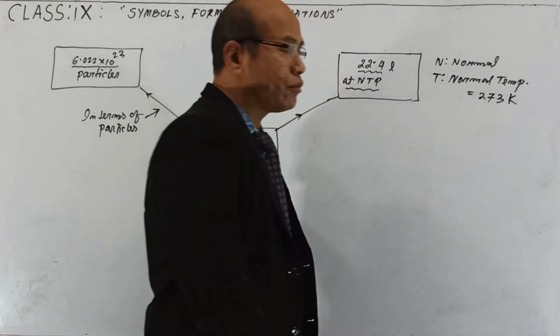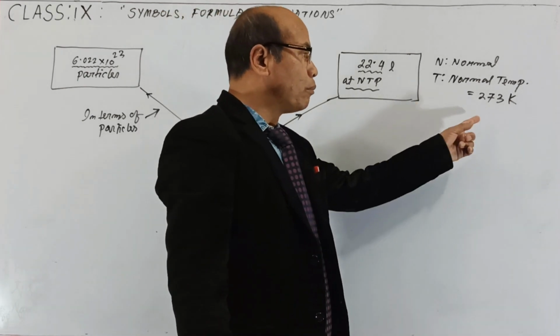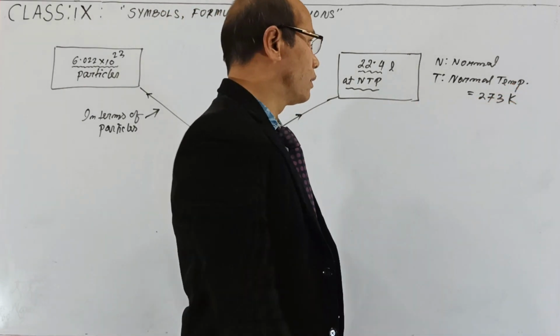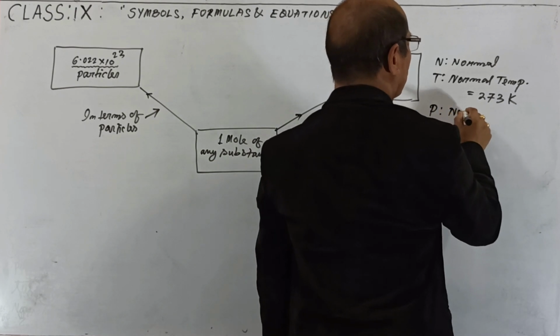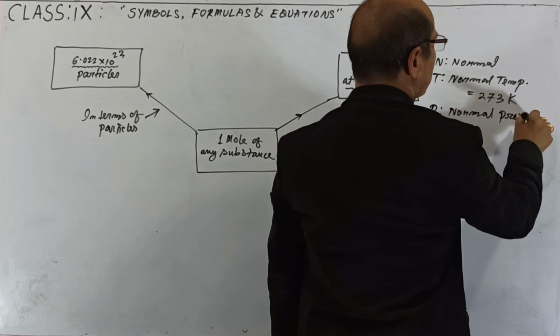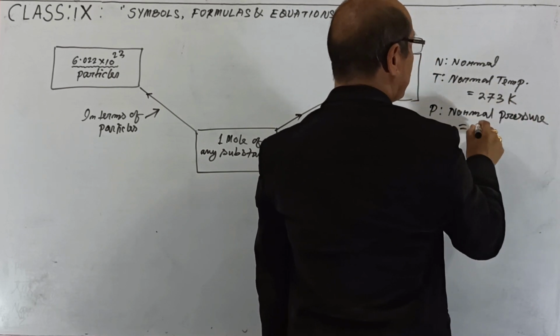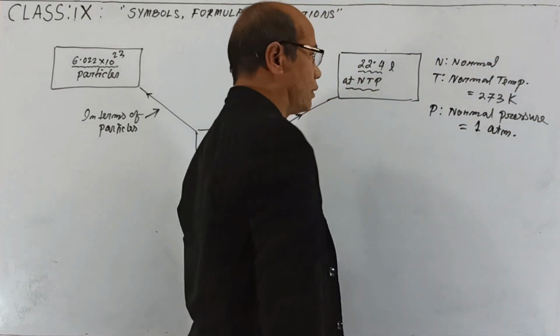Kelvin is also a unit for measuring temperature. So in terms of Kelvin, normal temperature means 273 Kelvin. And then P stands for normal pressure. Normal pressure in this case is equal to 1 atmosphere. You can write in short like this.